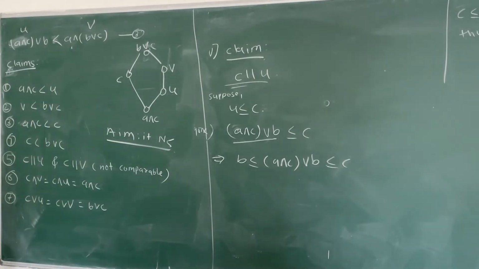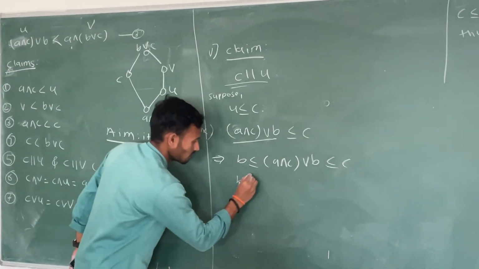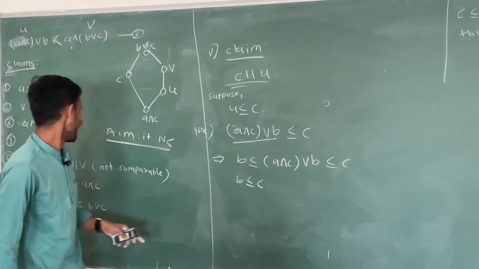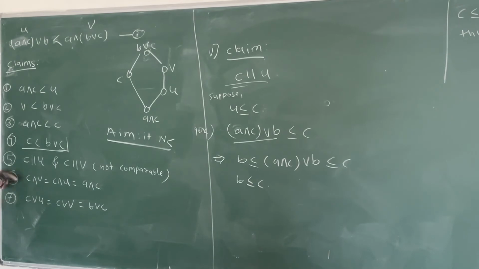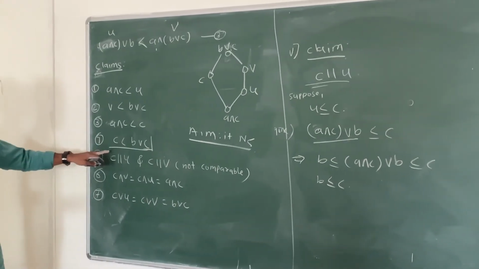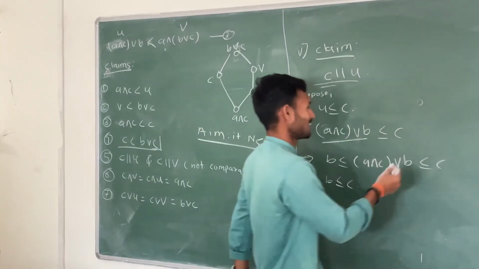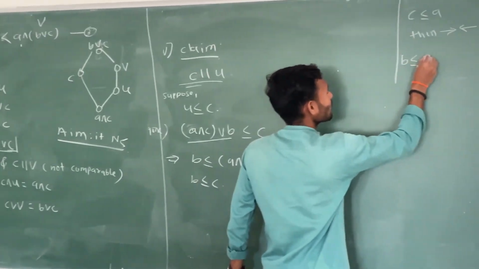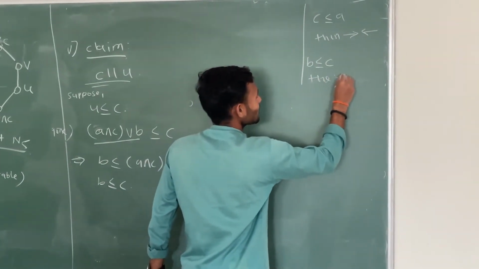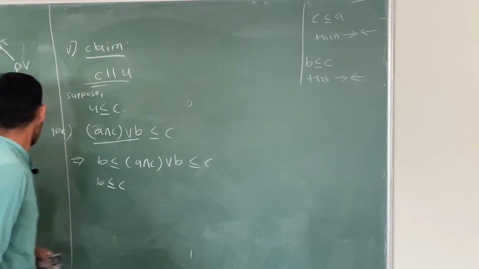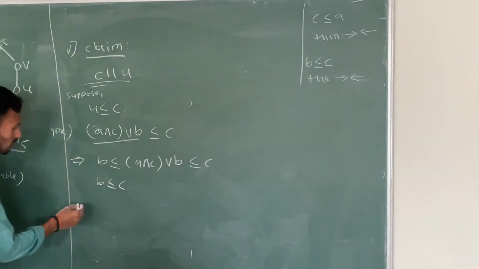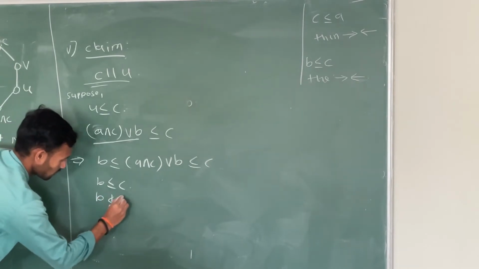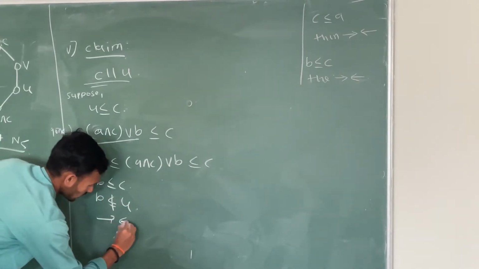From that, B is less than or equal to C. But if we are going to prove this, there is one contradiction. If we take B is less than or equal to C, then it is a contradiction in this proof. That's why we don't write here. So B is not comparable to U, which is a contradiction.